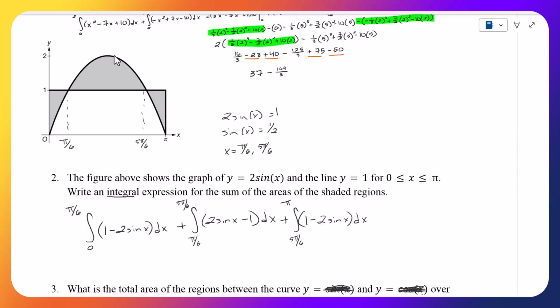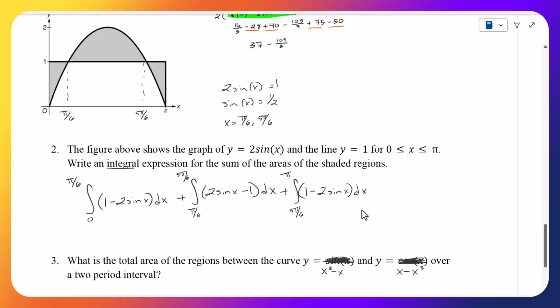And our top function here was the 2 sine of x, and we subtracted 1 for this area right here. And then our last one, 5 pi over 6 to pi. And that's just 1. Our top function again was the 1, and our bottom function was the 2 sine of x. Okay, so that one was pretty quick. The only tricky part here was finding these points of intersection.